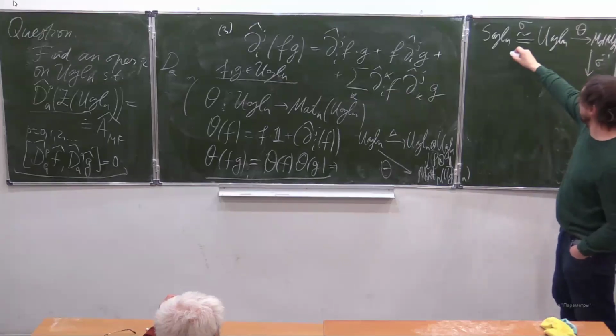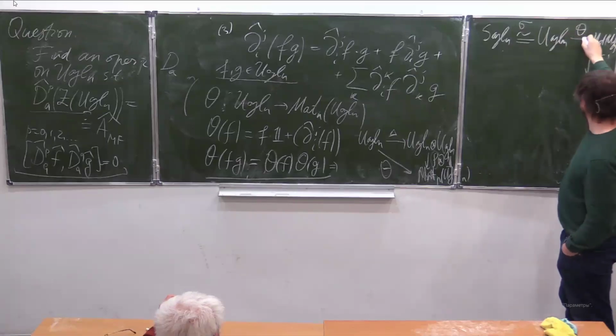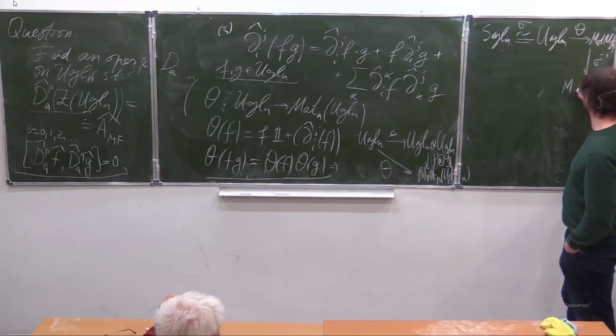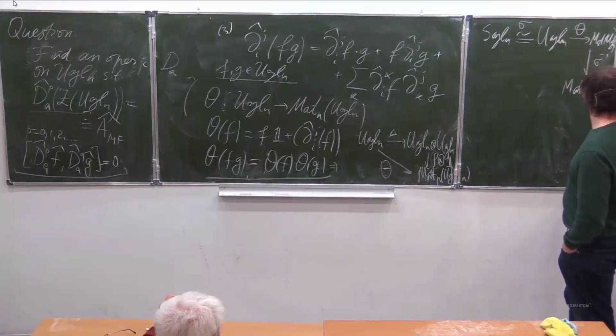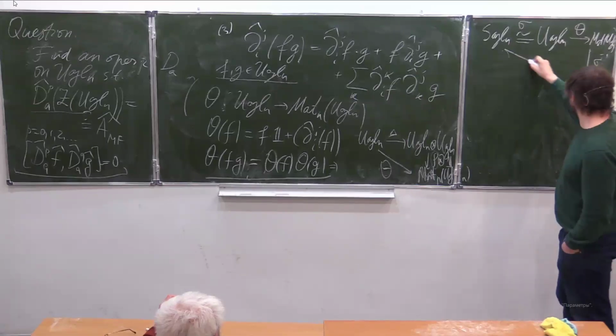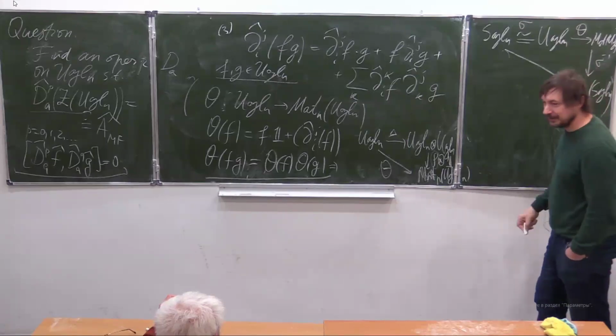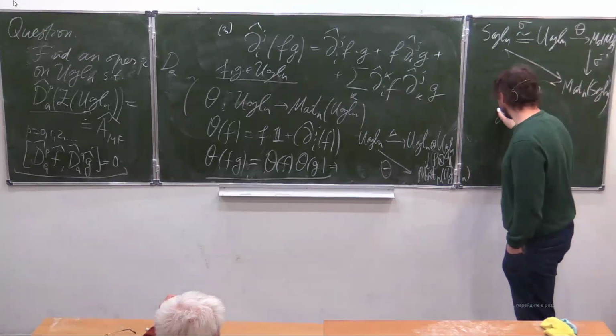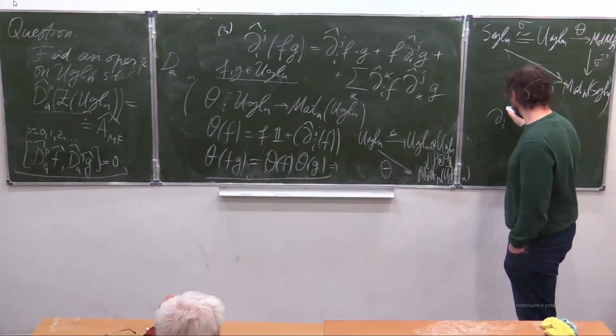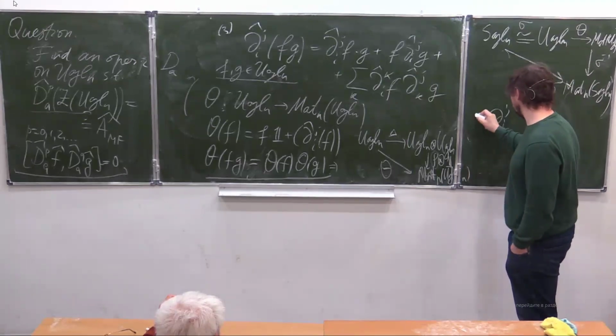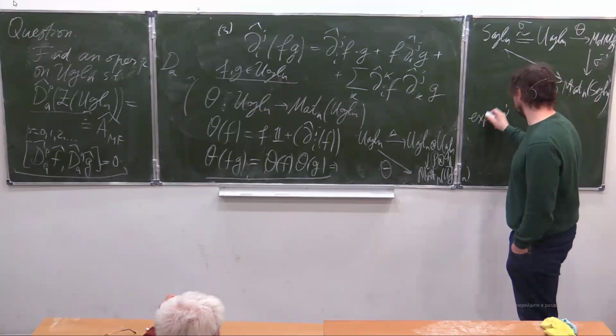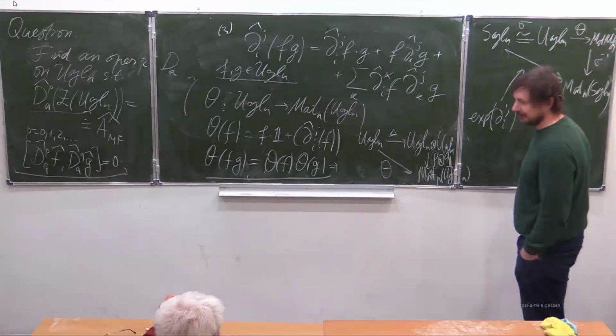So you end up in matrices with coefficients in S(gl_N). Now, if you want to get this, you need to do the following thing. Take the matrix of usual partial derivations and take the exponent of this matrix. And that's precisely what we have here.